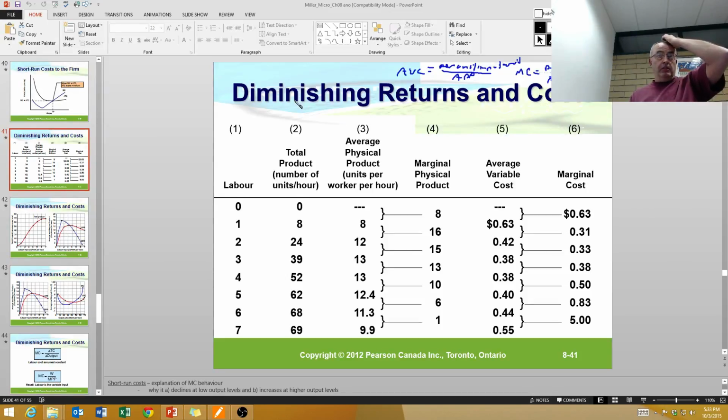So in this slide, we're creating this data table, and in column number 5 and column number 6 here, we have the average variable cost and the marginal cost. And so these data points are the ones that we saw plotted on that diagram, on that chart just a minute ago.